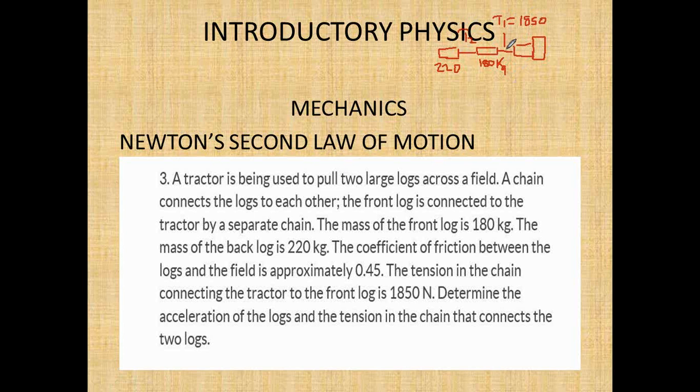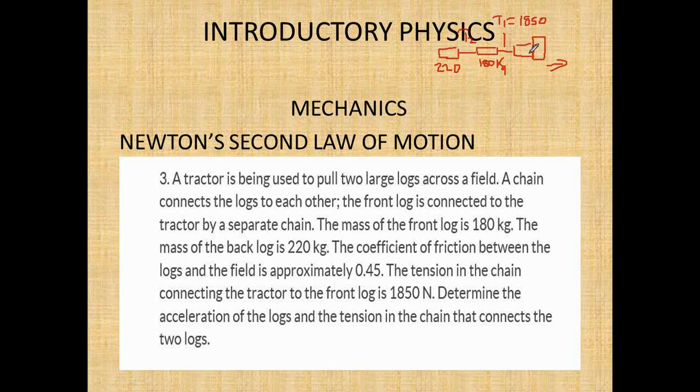Now we can draw the forces. Let's look at the force on the system. It is moving forward, so there must be an applied force that the tractor is supplying. The applied force is going to go to the right, because say the tractor is moving to the right.